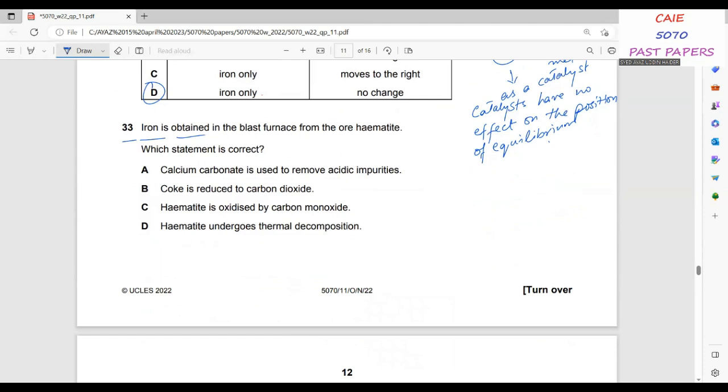33. Iron is obtained in the blast furnace from the ore hematite. Which statement is correct? A. Calcium carbonate is used to remove acidic impurities. This statement is correct. B. Coke is reduced to carbon dioxide. This statement is wrong.